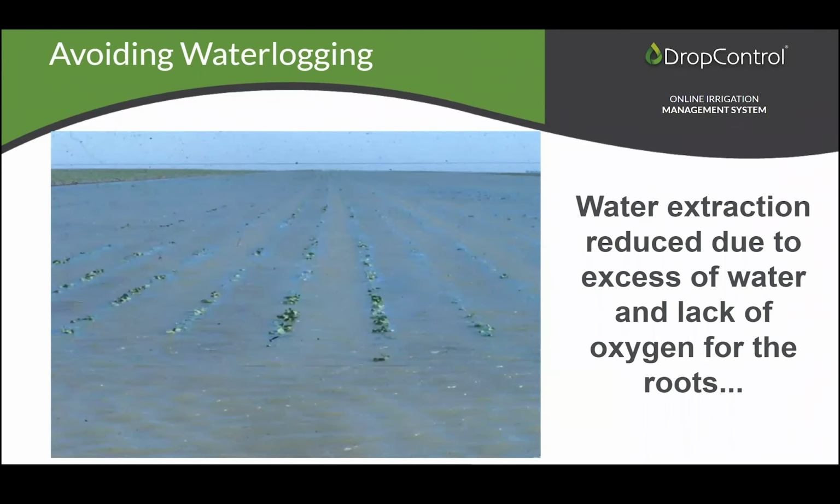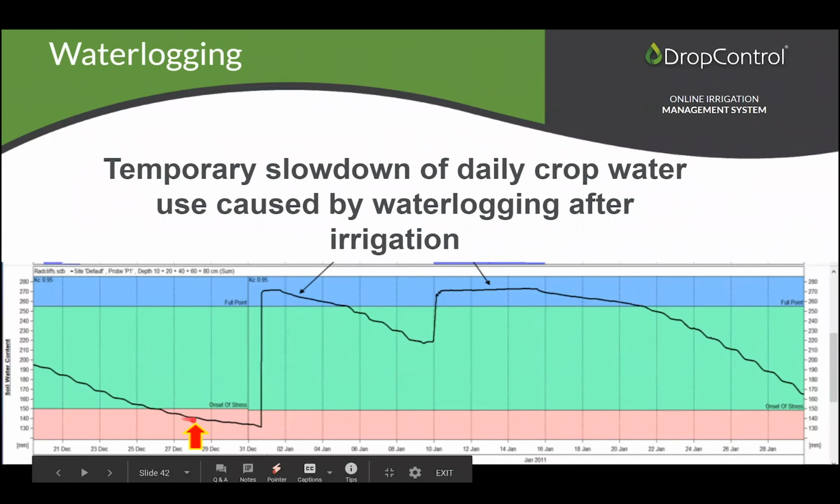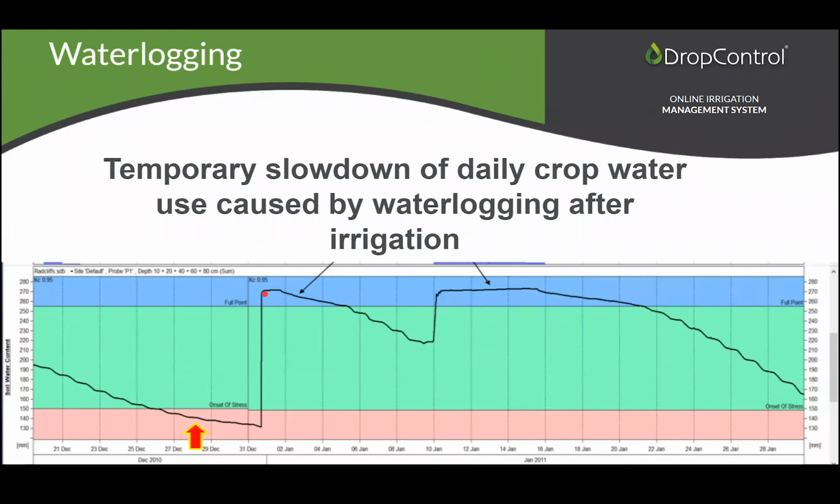We want to avoid water logging, water extraction reduced due to excess of water and lack of oxygen for the roots. And we've seen this happen, where maybe a grower waits too long to irrigate and then decides to irrigate, and by irrigating too much, puts too much water, thinking he'll buy more time. But at the end of the day, there's several days, 2, 3, 4 days.